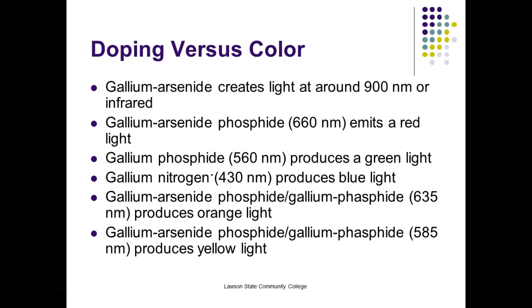The problem is that for years there was no such thing as a white LED. And why is that? Because white is not a single color. White is multiple colors. Y'all understand that? So I forgot his name, I need to look it up.